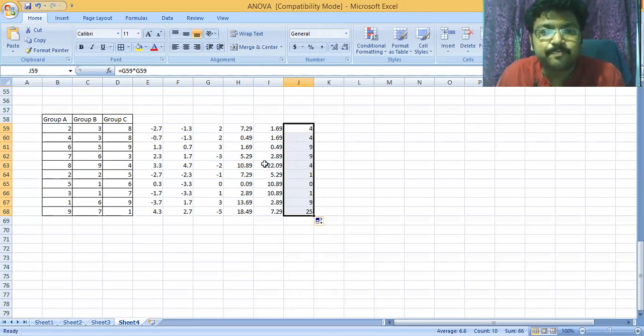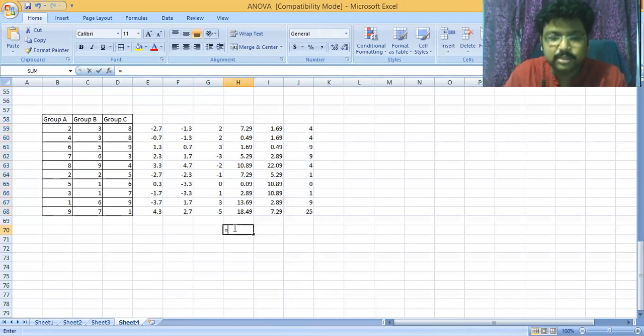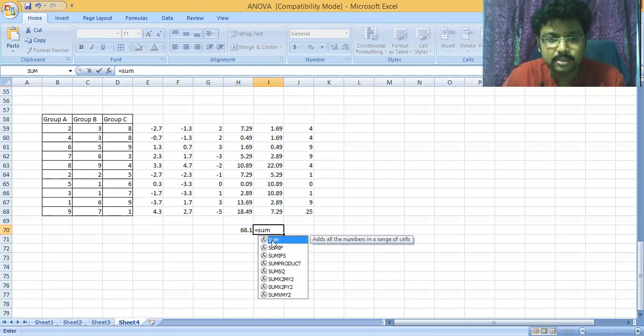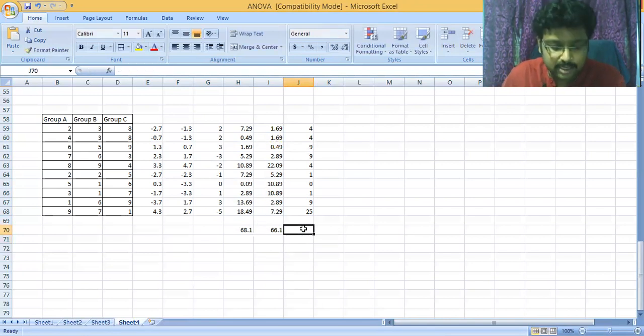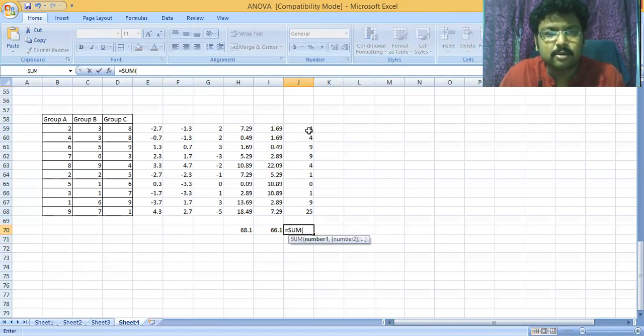Now we have to take the sum of these. So 68.1, and here the sum of this group is 66.1, and again the sum of this one.